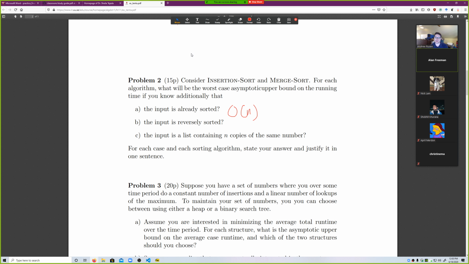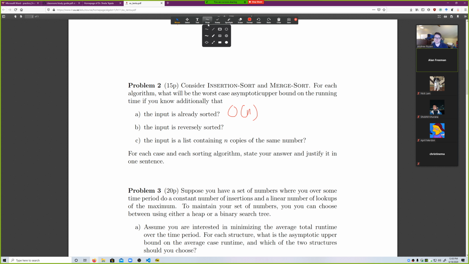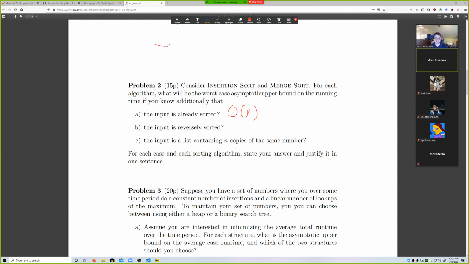On the other hand, we end up with this case: 5, 4, 3, 2, 1. Here, we'd have to push 4 down once, so we'd get 4, 5. Then 3 would have to get pushed down by 4 and 5. Then 2 would have to be pushed down by 5, 4, 3. And then 1 would have to be pushed down by 5, 4, 3, 2.